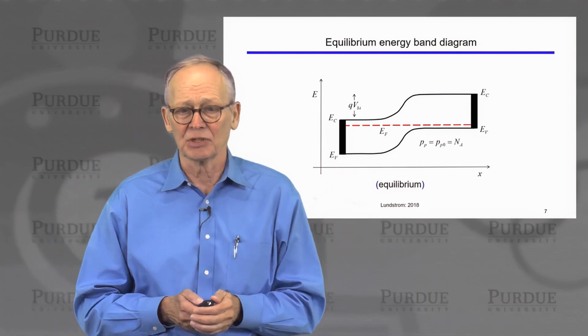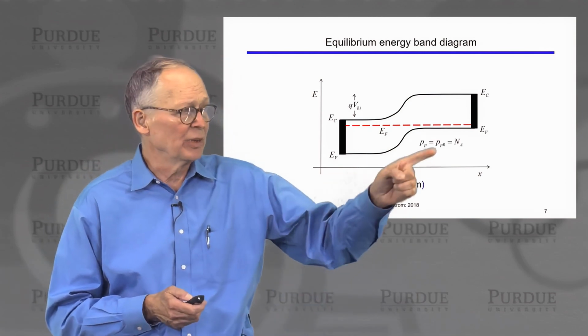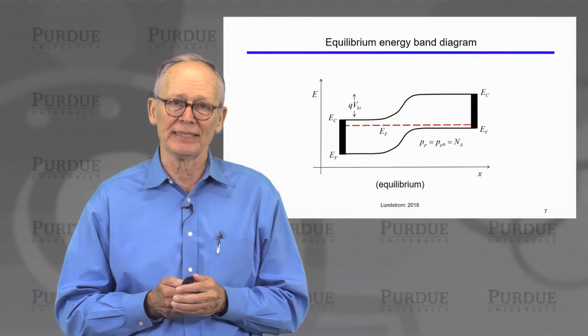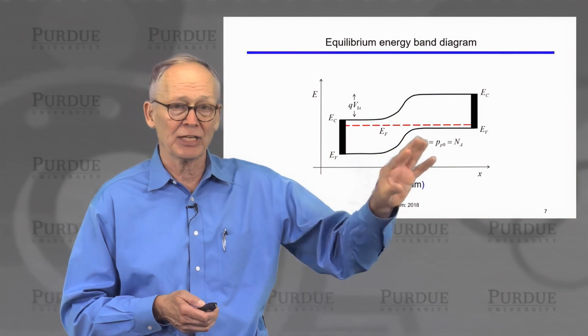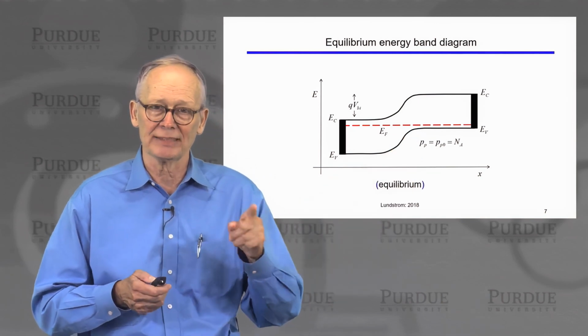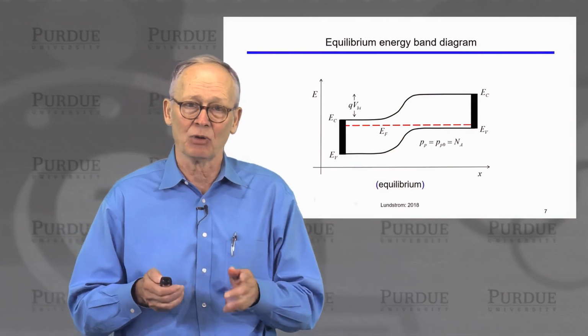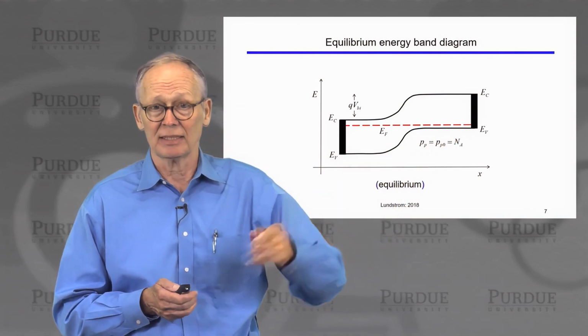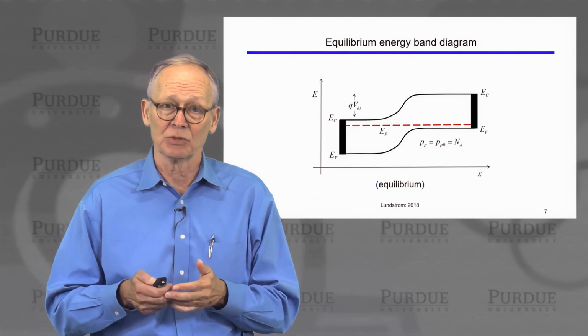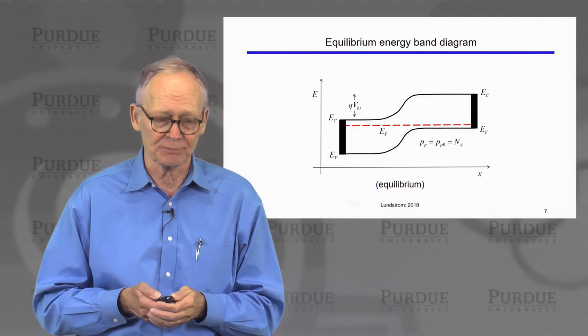On the P side, which we'll look at in a little more detail, we have some concentration of holes. I'll label that as p sub p, holes on the p side. Since this is an equilibrium diagram, I'll label that as p sub p naught, the equilibrium hole density. And this is just a p-type material. Its hole concentration will be equal to the doping density at room temperature.